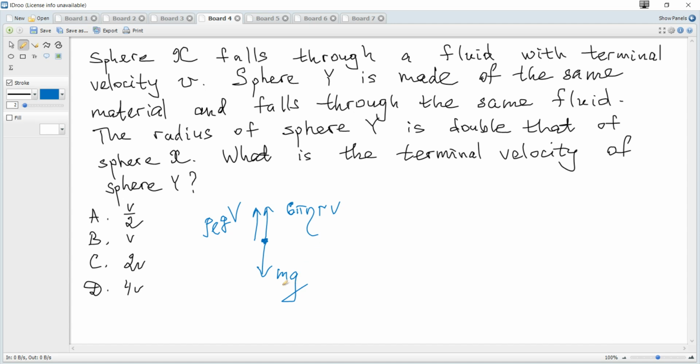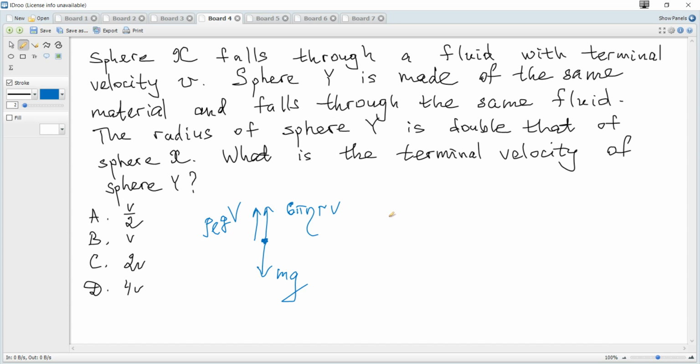Initially the sphere is moving with acceleration, and hence its speed increases, but you can see that the drag force depends on the speed of the object, and when speed increases, this drag force also increases, and at some moment of time the weight will be balanced by the drag force and the buoyancy force, so that its acceleration is equal to 0, and the velocity at that moment of time is called the terminal velocity.